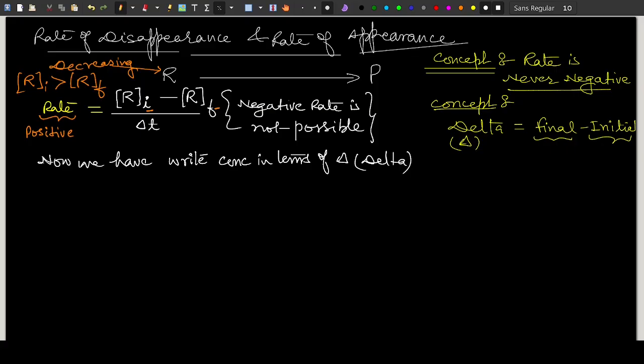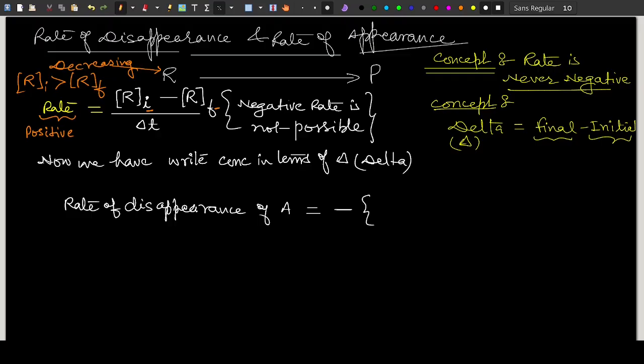That's why here we are writing rate of disappearance of A equal to, and we are placing the minus sign. Why are we placing the minus sign? Because we have to write it as final minus initial.